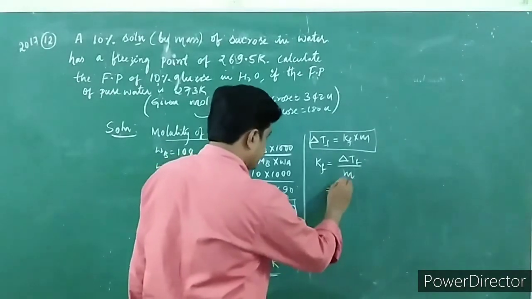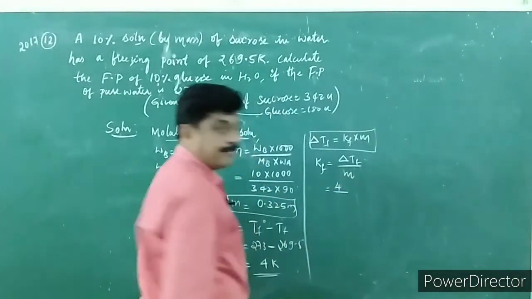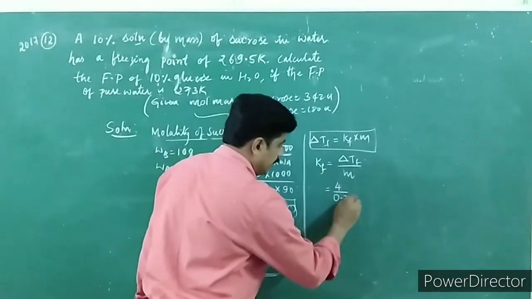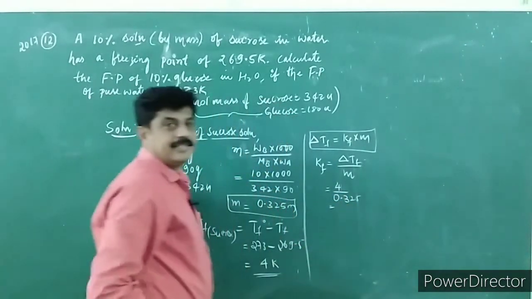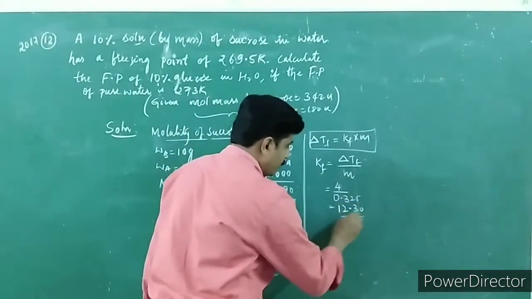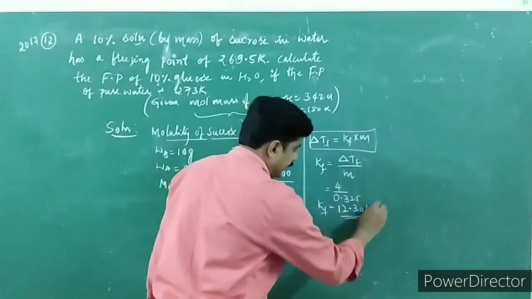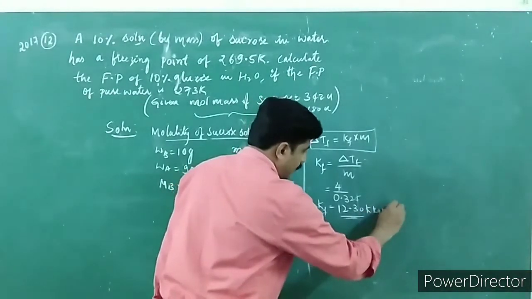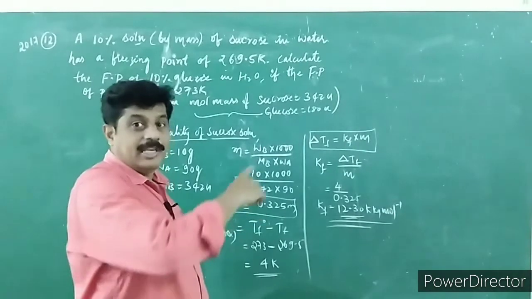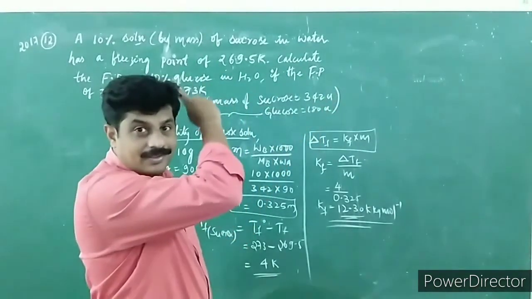Now, delta TF is equal to 4. m, molality, is how much here? You have calculated 0.325. Children, if you simplify this, you are going to get Kf equal to 12.30 Kelvin kg per mole. You got the Kf value? Now, let me go for the molality of glucose.